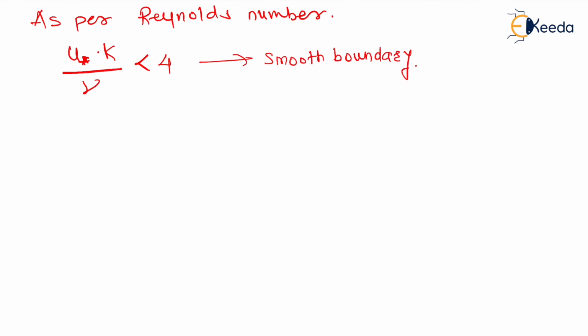Here U star is the shear velocity, k is the thickness of the roughness, and nu is the kinematic viscosity.